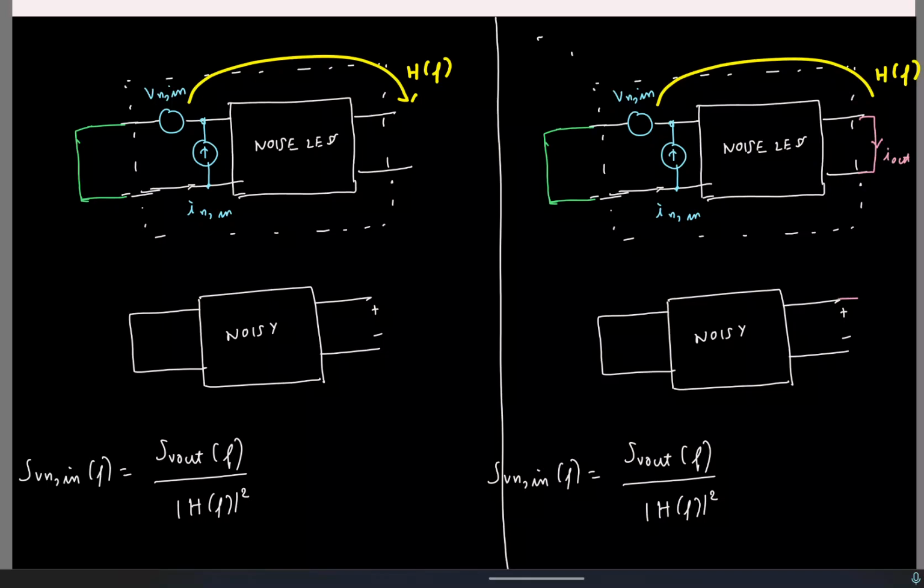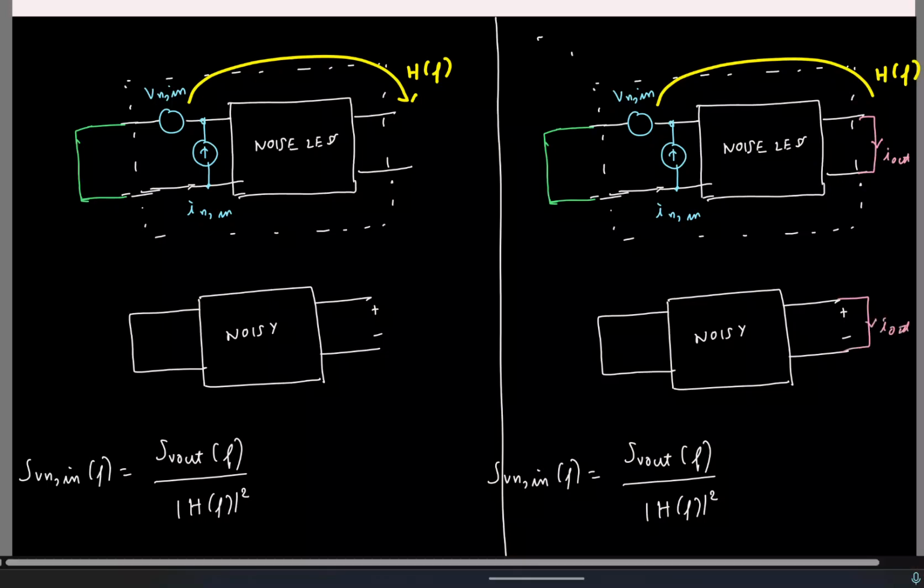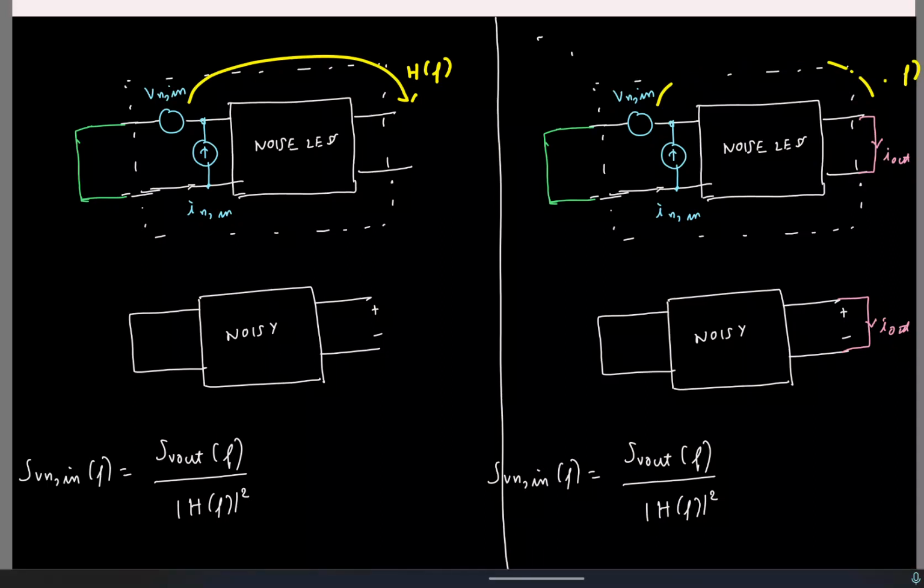No contribution of current source here because I am shorting the input, right? So now I will find the transfer function from the input source to the output current. So that will be some y of f. So this will be the SI out by mod y of f square. So this way we can find the voltage Vn in.